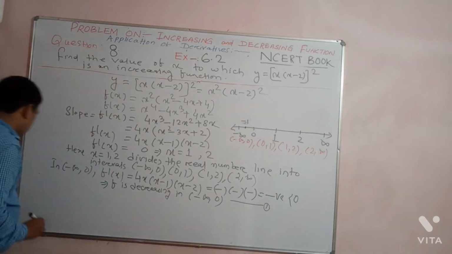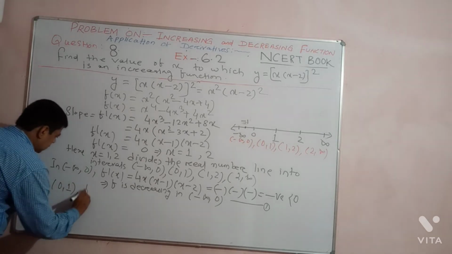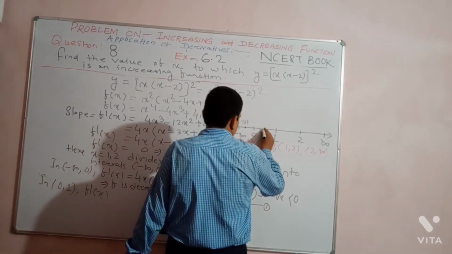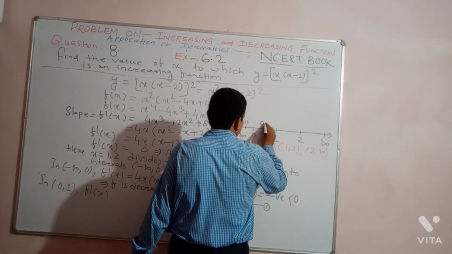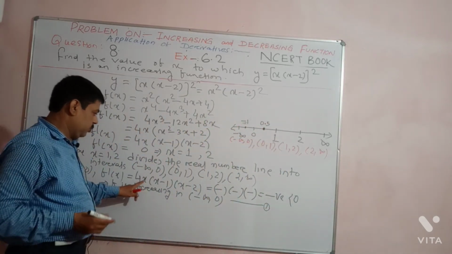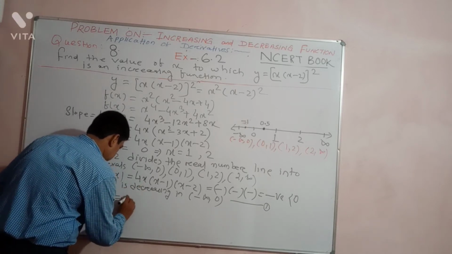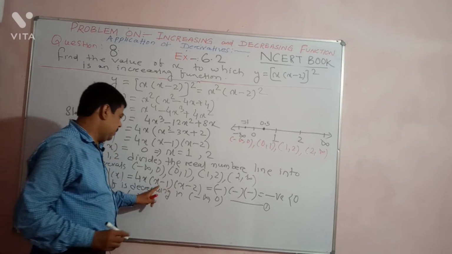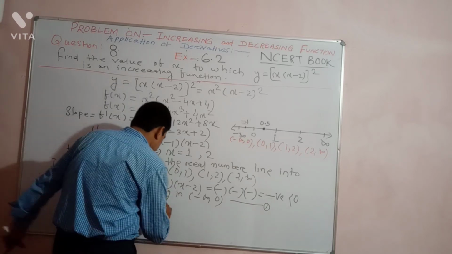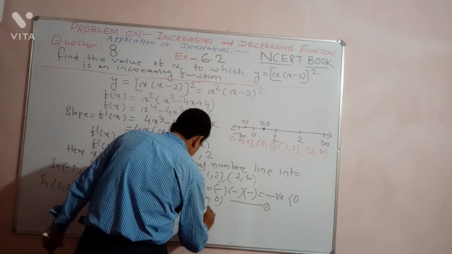Similarly, in the second interval 0 to 1, let us take a number, 0.5. Putting this value, x will be positive. 0.5 minus 1 is negative, and 0.5 minus 2 is negative. So overall it will be positive, greater than 0.